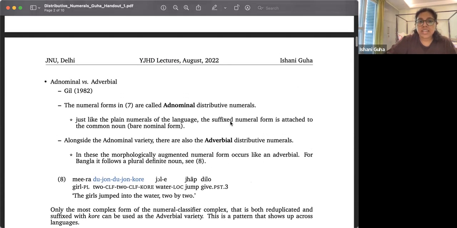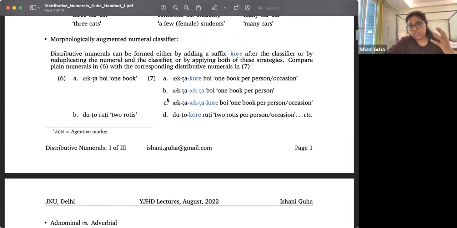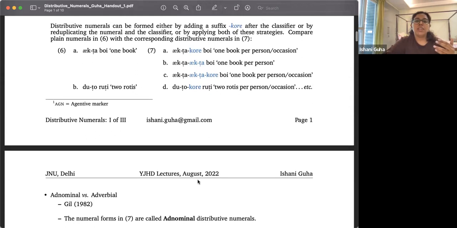However, as you can see, the form here, দুজন দুজন করে, is not different from the most complex form in 7C, একটা একটা করে, right? So for 2, it will be দুটো দুটো করে. So the point is that the forms in 7A that we have, take the most complex form in 7C, which has both reduplication and suffixation.